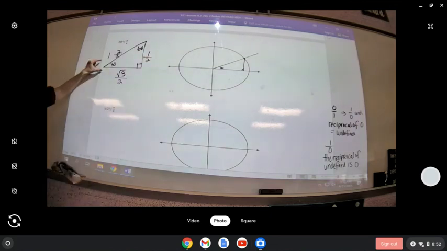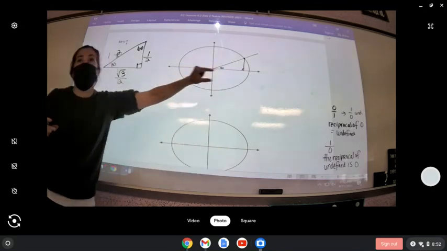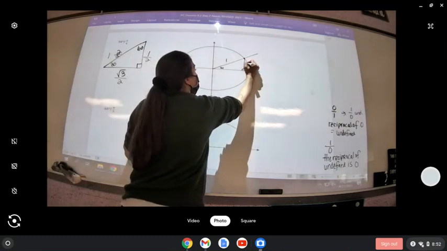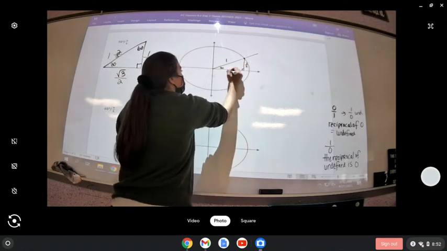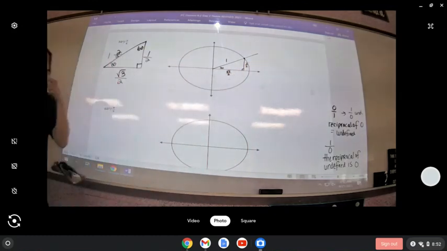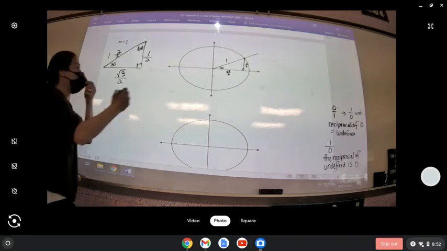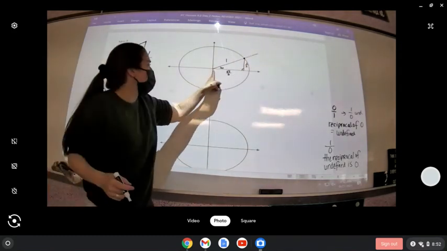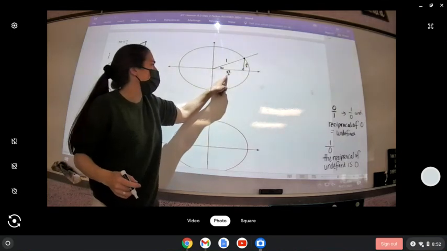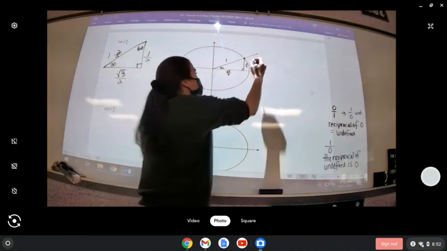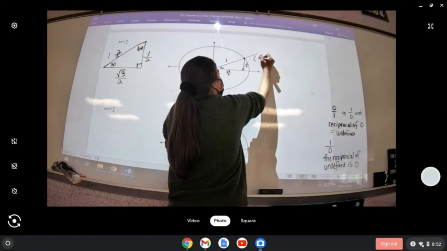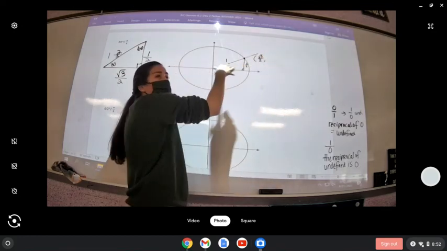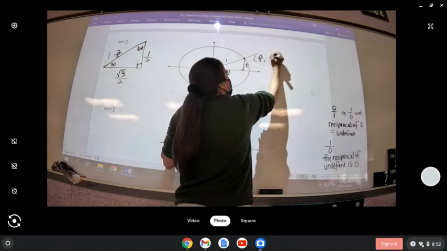And now this triangle can literally be inserted into that circle. So now a 30-degree angle will meet the circle at what point? Well, guys, if this side is root 3 over 2, what does that x-coordinate have to be? Root 3 over 2. If this side is 1/2, what does that y-coordinate have to be?